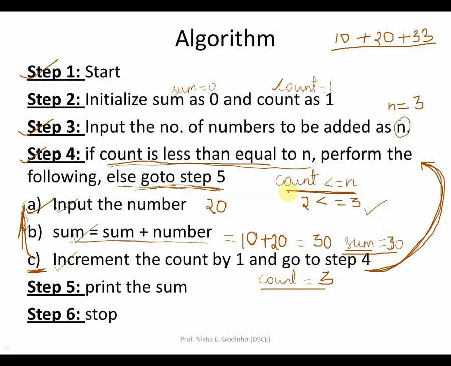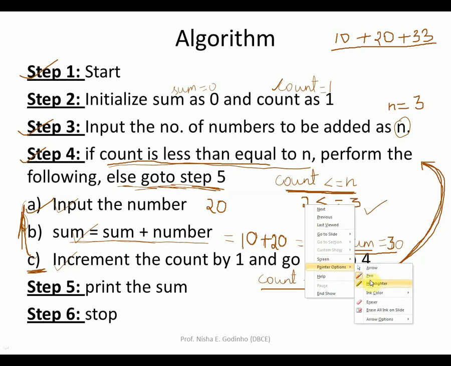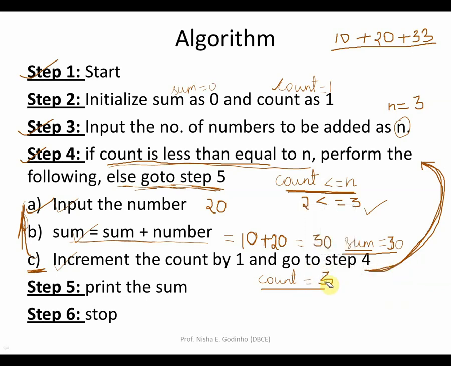Now again we check for this condition over here, count less than equal to n. This time the count is not 2, it is 3 because it was incremented. If you can see here, it is 3, so we have to update it over here also. Hence we update it over here and it is 3.